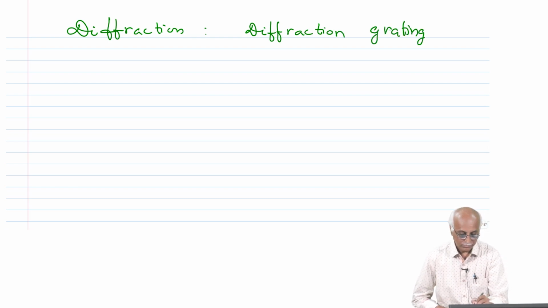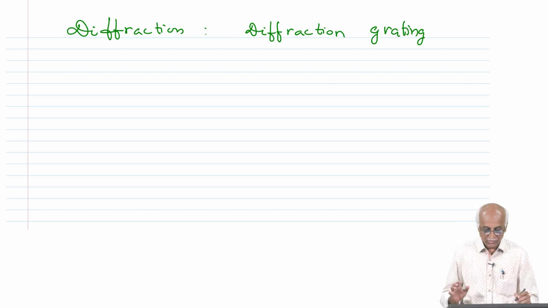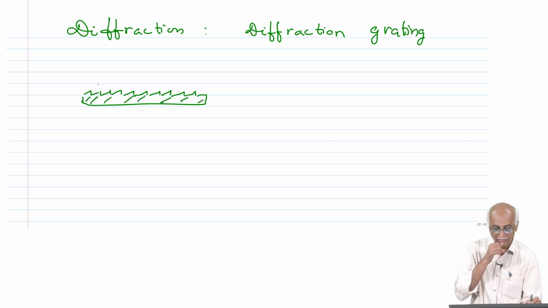A diffraction grating is a structure with a particular periodic structure, with reflection.